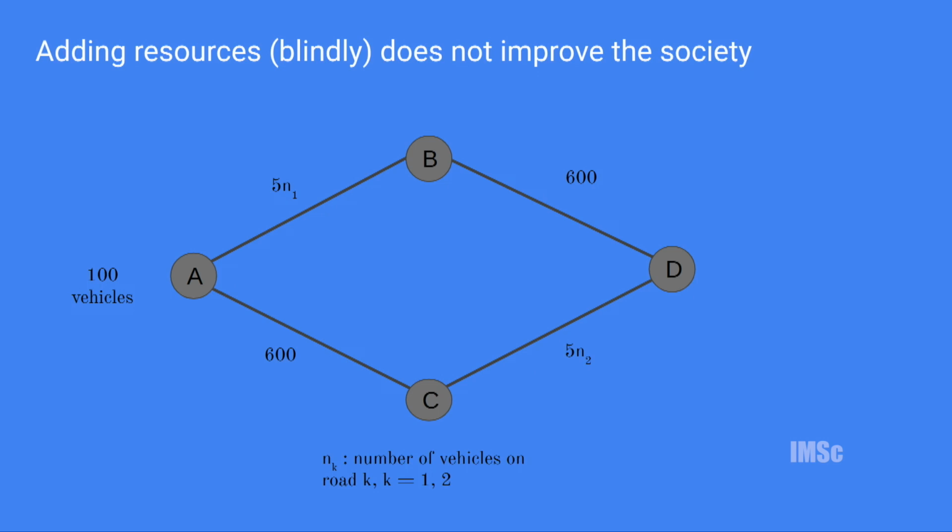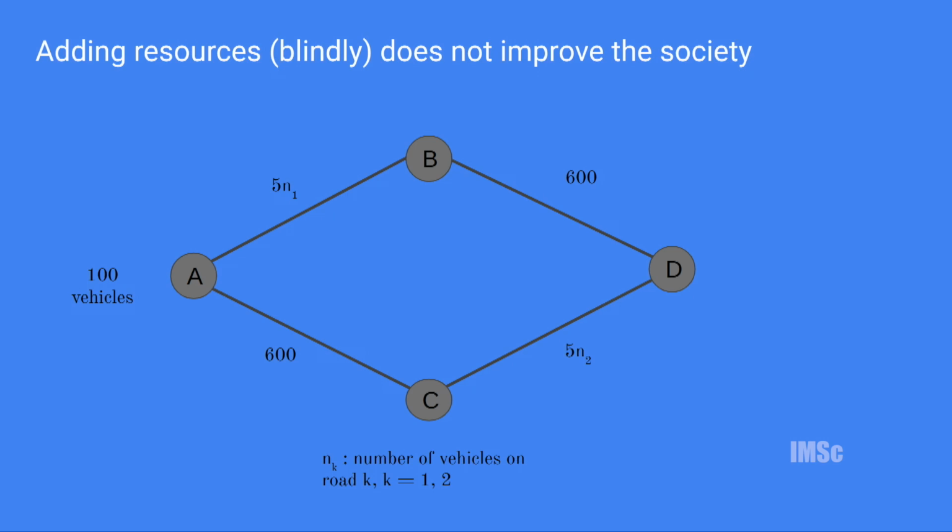So N1 is the number of people who are taking this AB path, and the time taken is 5 N1 seconds. Similarly for CD, N2 is the number of people traveling on this CD path. And AC and BD are wide highways you can think of. It does not matter how many bicycles are moving on that road, it will still take you 600 seconds.